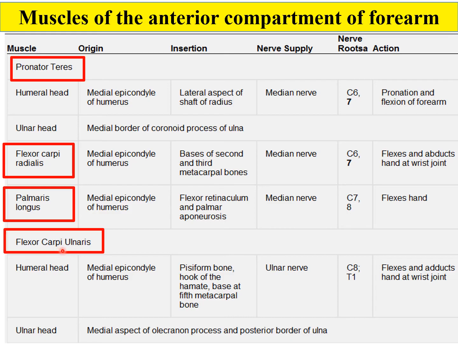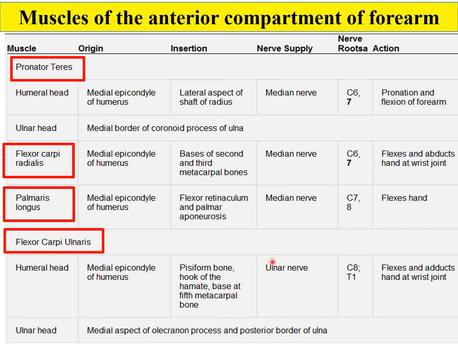Then we have a muscle known as flexor carpi ulnaris. The same way we have radialis, we have ulnaris. Function will be the same, flexion, going toward the carpal bone, and it is on the ulnar side. It has two heads, the humeral head from the medial epicondyle of the humerus and the ulnar head from the coronoid process of the ulna, going towards the carpal bones, that is the pisiform, hook of the hamate and base of the fifth metacarpal bone.